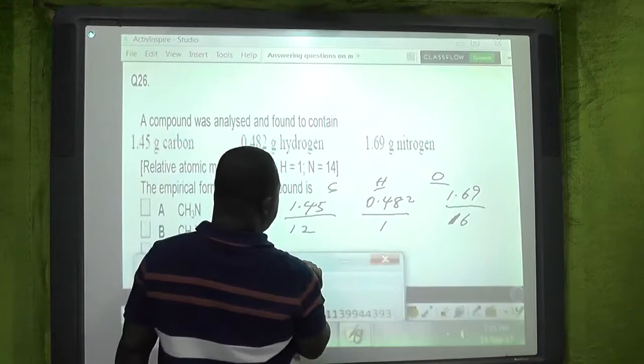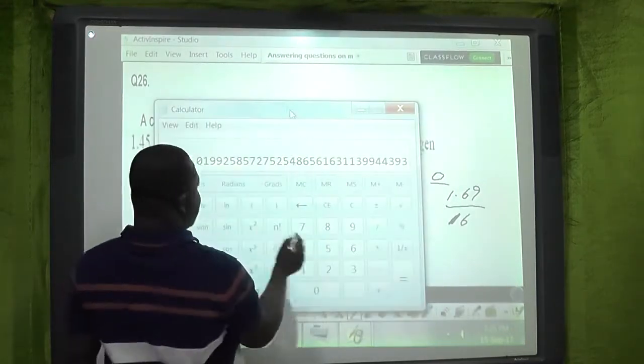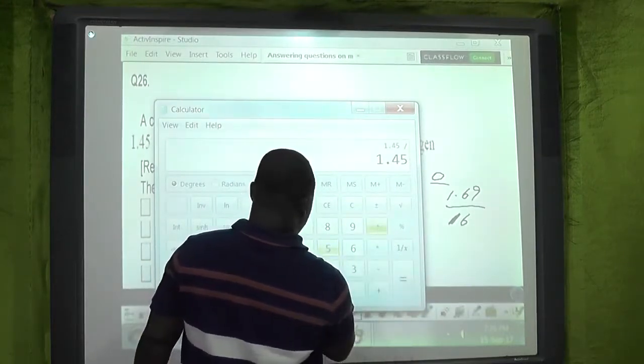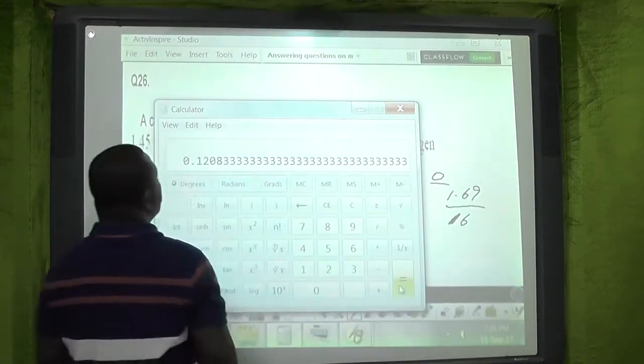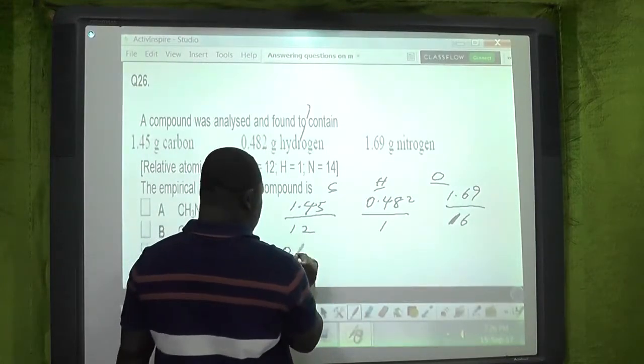1.45 divided by 12, and what do I get? 0.12. 0.12 is as good as 0.1.